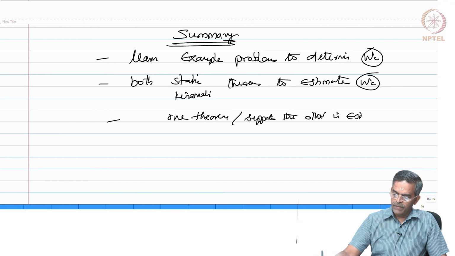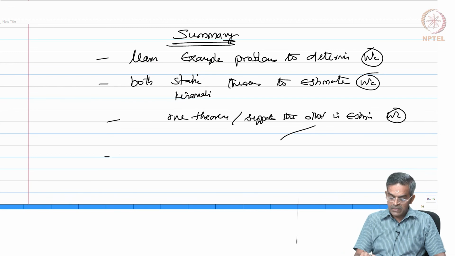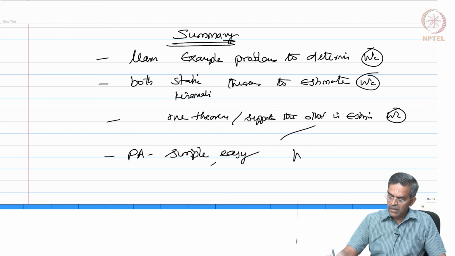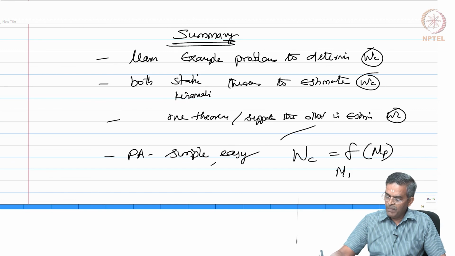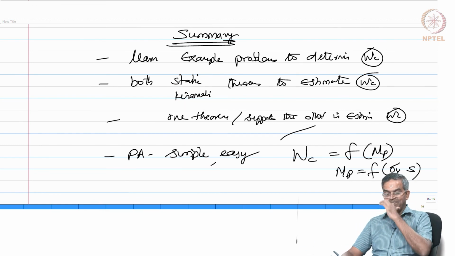So, plastic analysis is simple, easy, and here the load is function of MP, where MP is a function of material and shape factor.